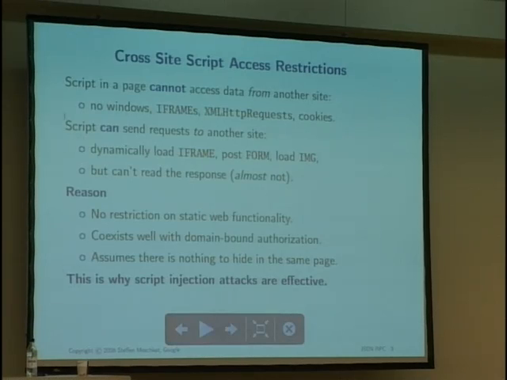So these two sets of restrictions and allowances collude to make it possible that a script that ends up inside a page can not only access all the data that are in a page, but they actually can send this data out of the page to somewhere else. So script can see everything in a page, and it can make requests that transmit information to any place in the web.